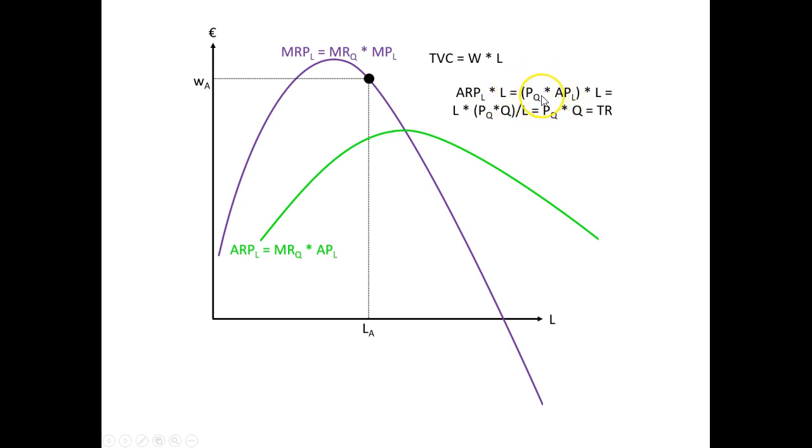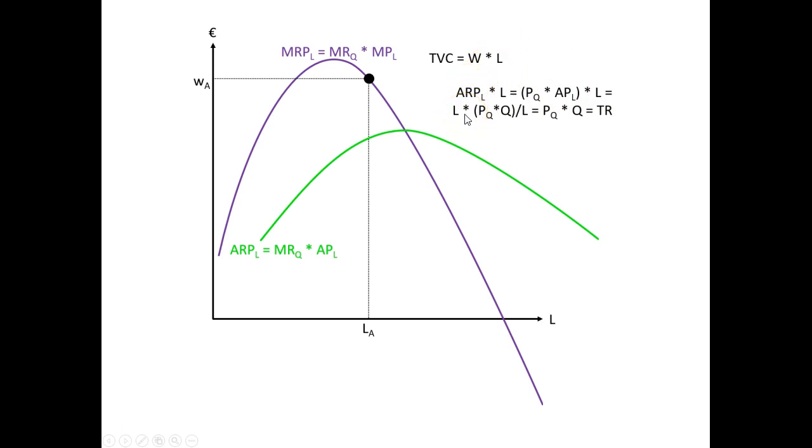So when we multiply the average revenue product with a certain number of labor, then we can rewrite this one. For simplicity, we are selling in a perfect competition market. So the marginal revenue product is equal to the market price PQ, times the average product, Q divided by L, which we got there. So this is the definition for the average revenue product, and then we multiply that with the labor units that we are buying.